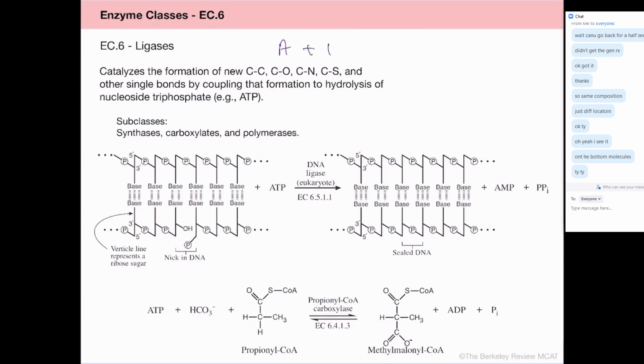You can imagine A and B plus ATP goes to A now bonded to B plus ADP. So we had to burn some energy to do it. Oh, and plus Pi, balanced equation.